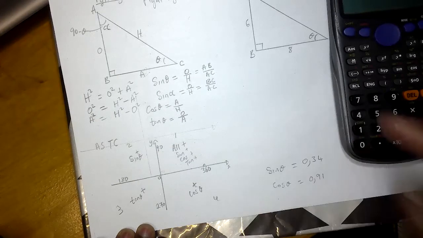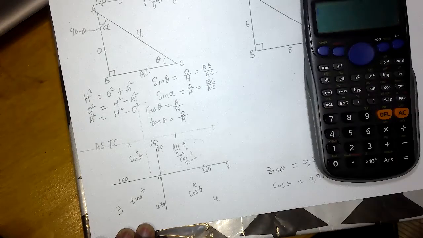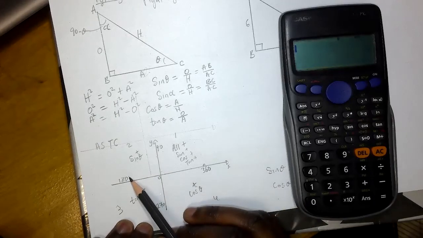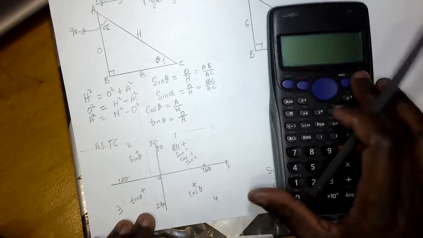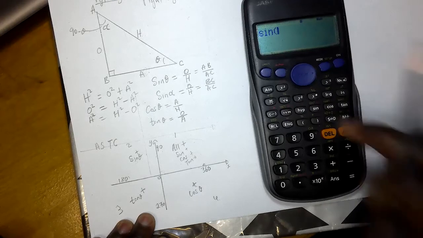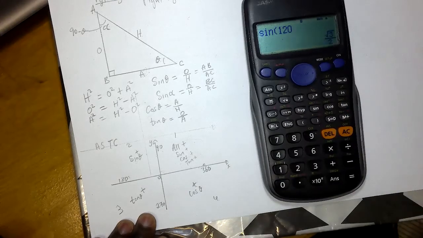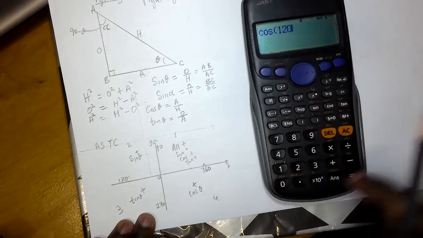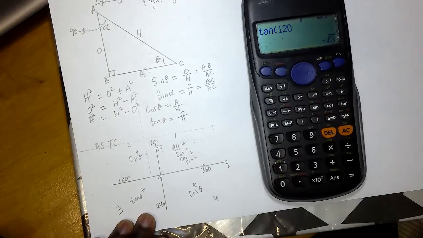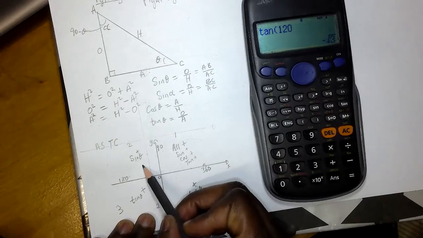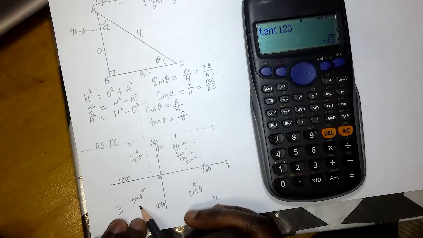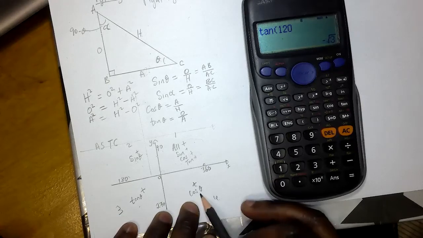If you punch cos 40 or cos 70, you find them positive. In the second quadrant, only sine is positive. For example, take 120: sine 120 gives a positive answer, but cos 120 gives a negative, and tan 120 is also negative. In the third quadrant, only tan is positive, while sine and cos are negative. In the fourth quadrant, only cos is positive, while sine and tan are negative.